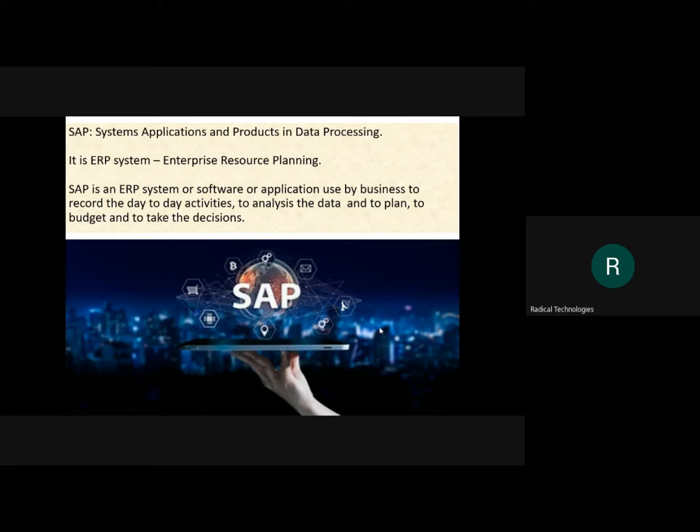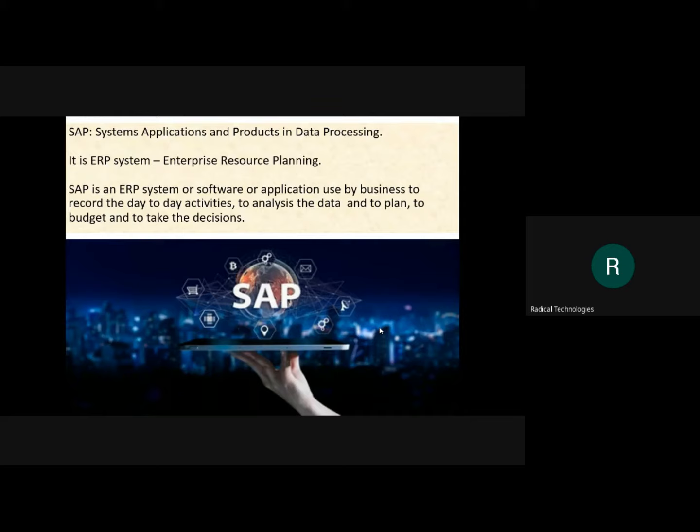It is an ERP system. The common word we use, ERP, for any kind of software, any kind of application. An SAP ERP system is software used by a business to record day-to-day activities. We know why companies use ERP systems.